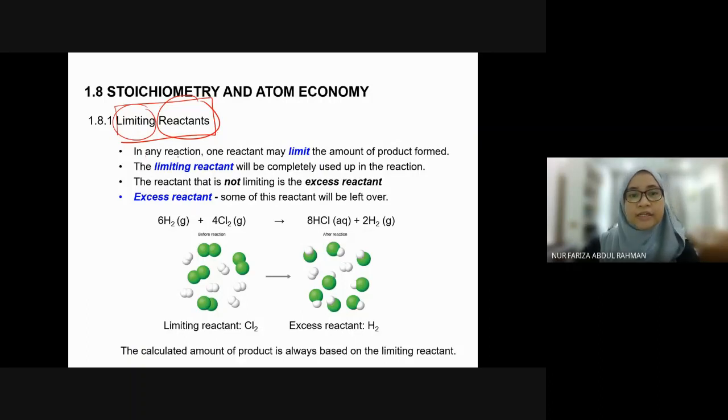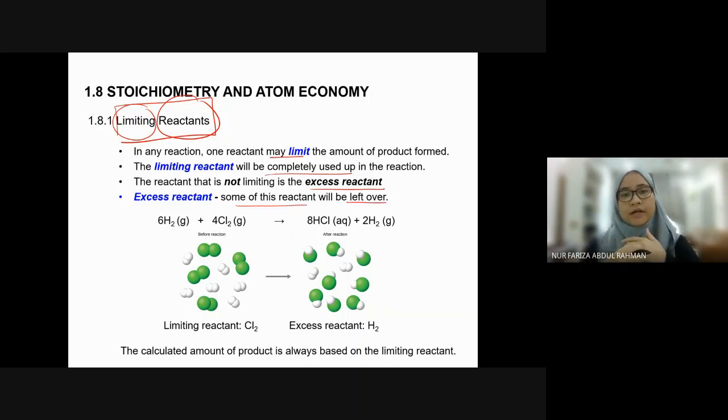So in any reaction, one reactant may limit the amount of product formed. The limiting reactant will be completely used up in the reaction. The reactant that is not limiting is called the excess reactant. Excess reactant means at the end of the reaction, some of the reactant will be left over.